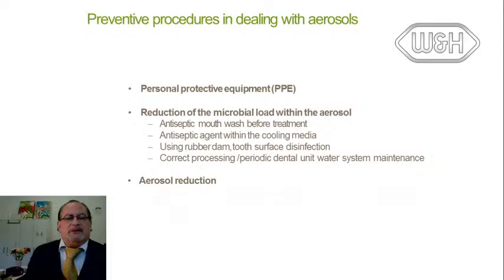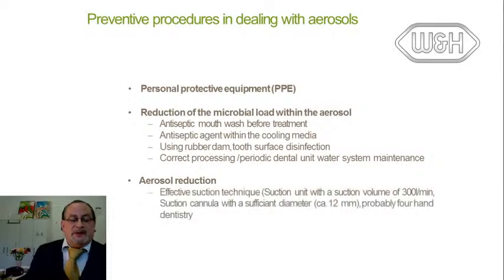And aerosol reduction is to be achieved by effective suction technique. The suction unit should be able to do a suction volume of 300 liters per minute, and the suction cannula should therefore have a sufficient diameter of 12 millimeters, probably for hand dentistry, or maybe not only probably for hand dentistry in times of corona.